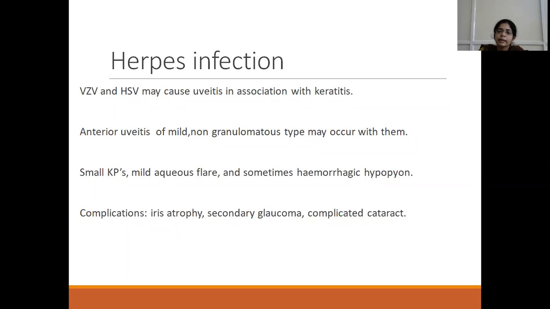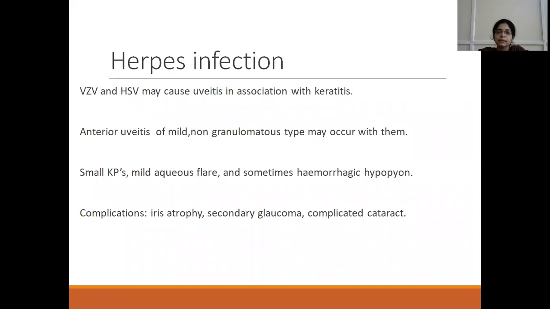But this uveitis is not a granulomatous type; it is a very mild, acute, non-granulomatous type. So whatever keratic precipitates are seen will be small and fine. The aqueous flare will be mild. And please remember, the hypopyon can be blood tinged or hemorrhagic in case of herpes infection.